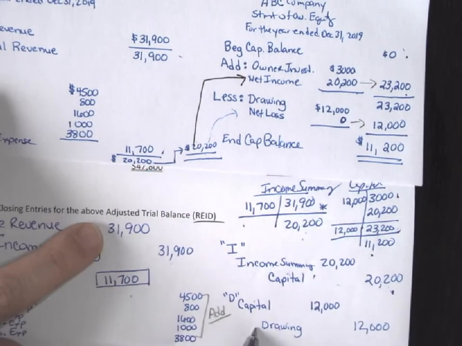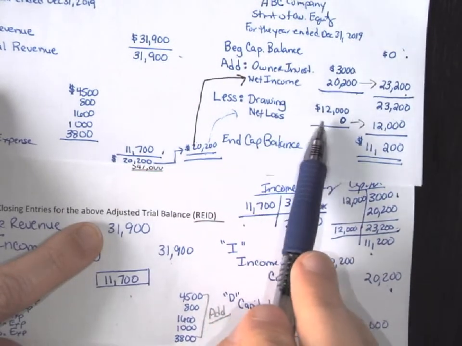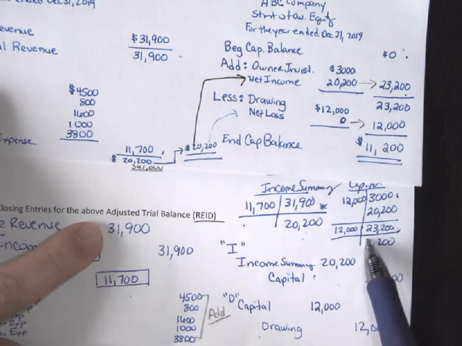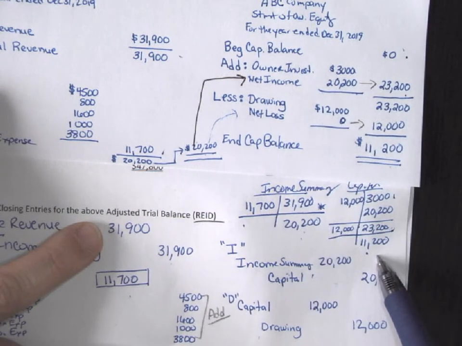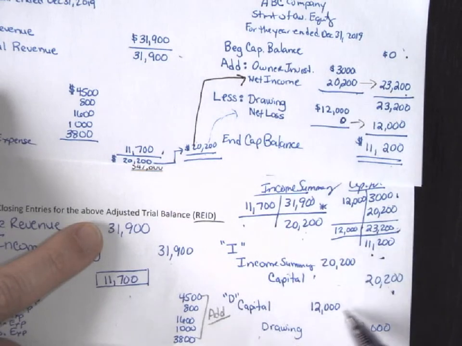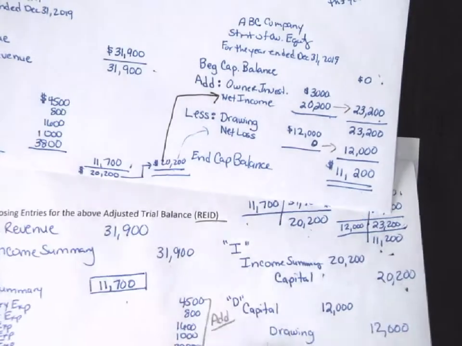Then we had to close out our drawing account to capital, so it subtracted out. We did not have a net loss, so that would be the $12,000 there, and that gives us a balance of $11,200, which in fact is what we see as our balance after we finished all of our closing entries. So that is a large part of how all of this information will work together.